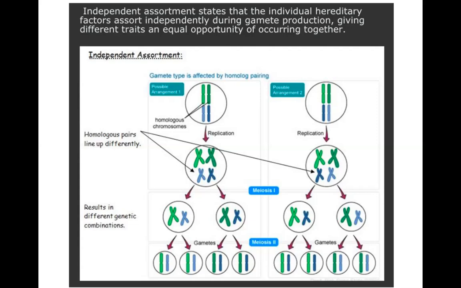Okay, so as I was saying, the two darker colored chromosomes have aligned themselves at random to one side of this sex cell at the end of telophase 1, and the lighter colors went to the other side. Now, when you continue on to meiosis 2, all of the lighter colored chromosomes are on one side. So two of the sex cells out of the 4 will be the same. And let's just say the darker color represents the dominant allele and the lighter color represents recessive alleles.